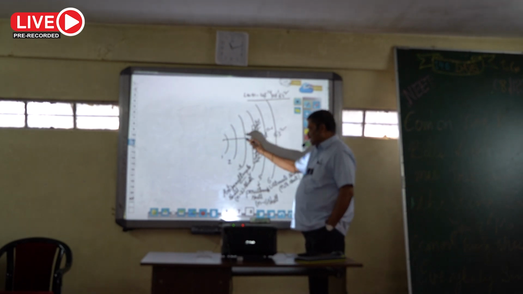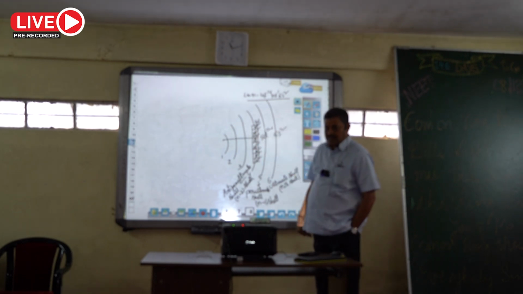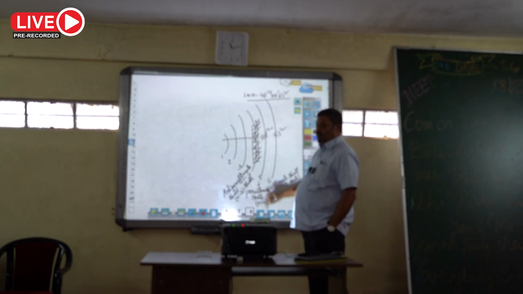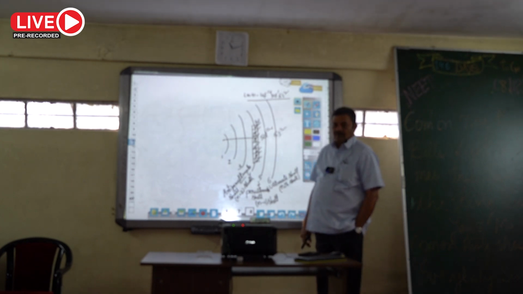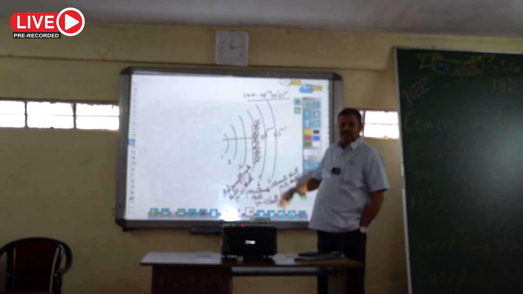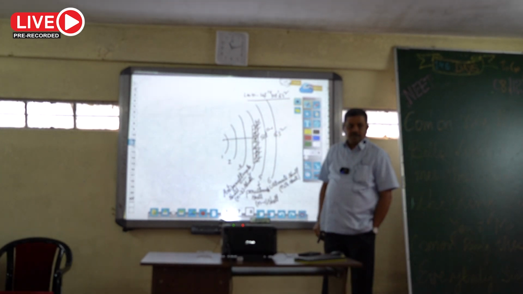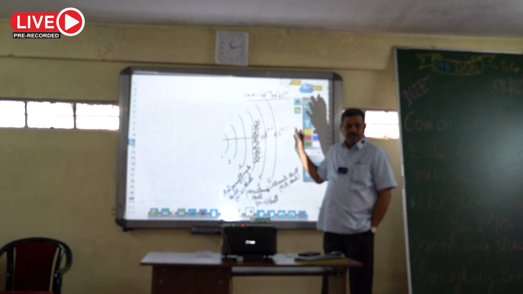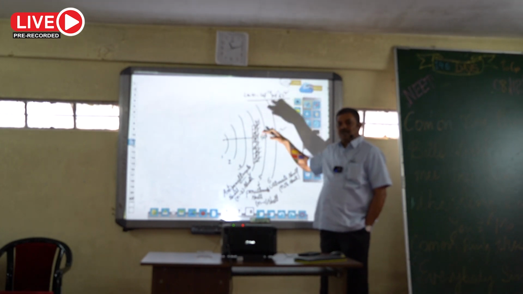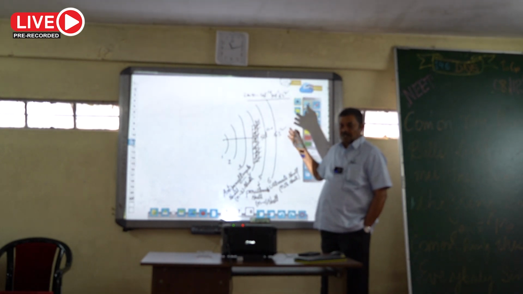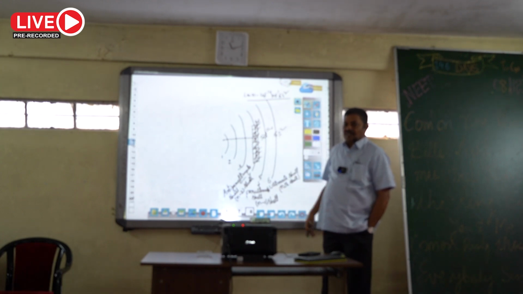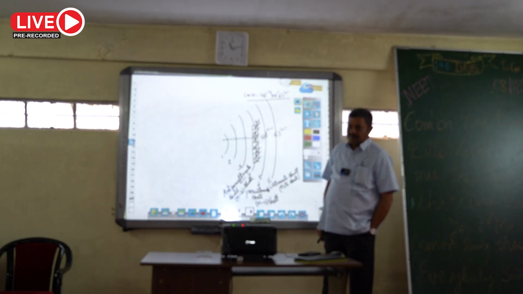Nucleus wants to extend its influence to the last electron. The electrons in between the nucleus and the outermost electron act as a screen or shield, and the shielding effect prevents the nuclear attraction.